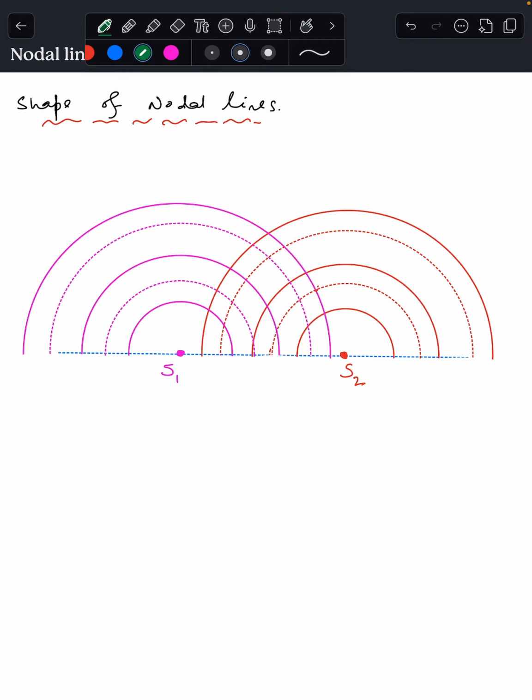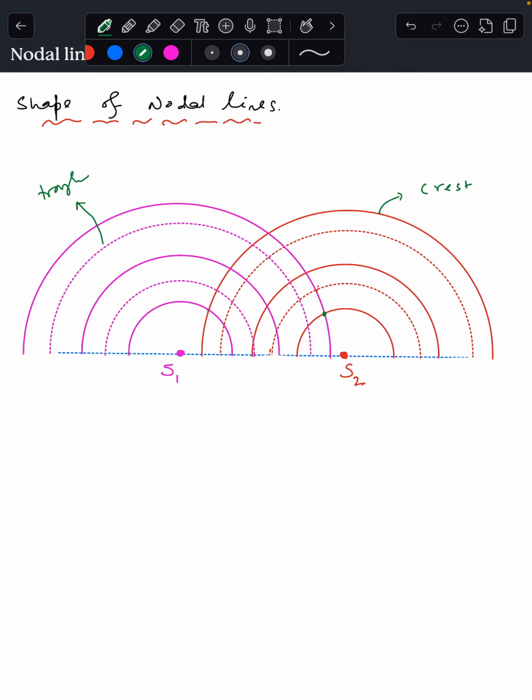These solid lines are representing, let us say, crests, and these dotted lines are representing troughs, right? Here you will see a few points where a solid line is meeting another solid line. There the crest is meeting a crest.